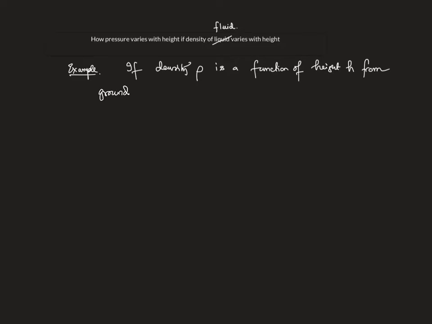So for example, if density rho is a function of height, say height h from ground level, then find an expression for pressure variation with height.